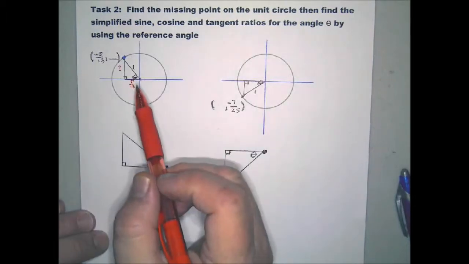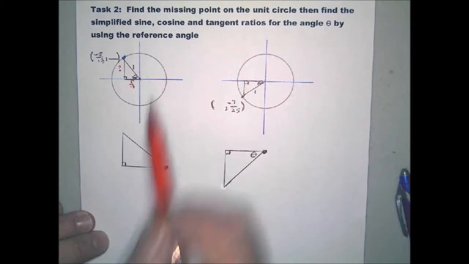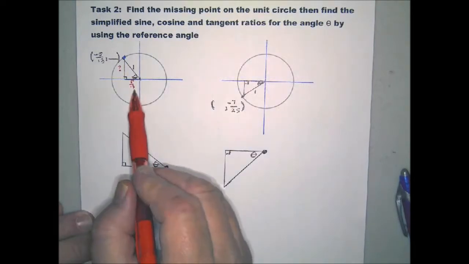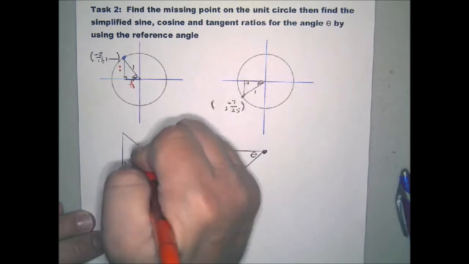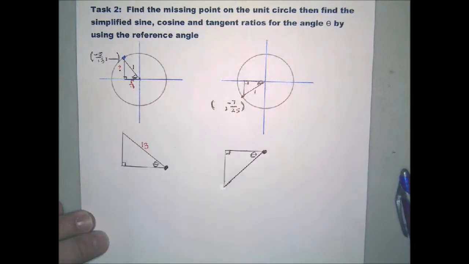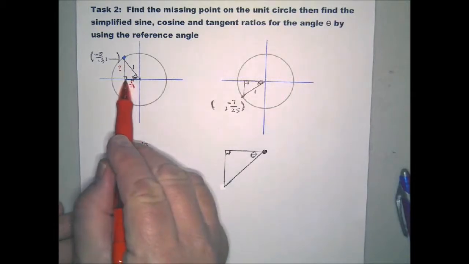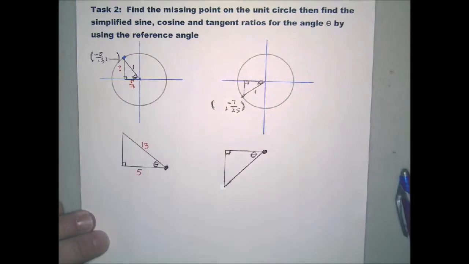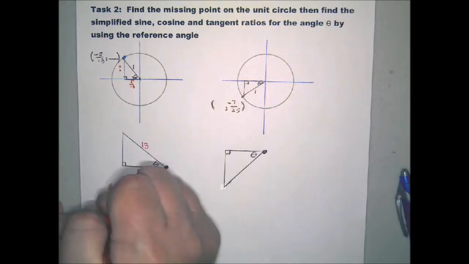The way we're going to work with this is we're going to take this triangle out of the unit circle. We're going to blow it back up to its original form. What that means is I have to multiply everything by 13 because of this fraction. All that means is the hypotenuse used to be 13, and this value down here used to be 5. So now all I have is a Pythagorean theorem to work out.